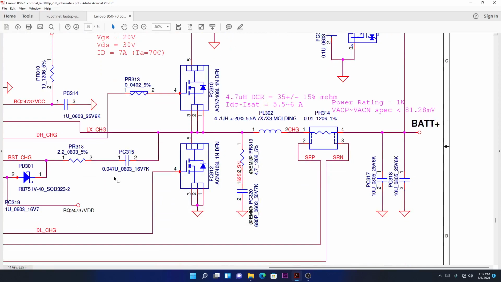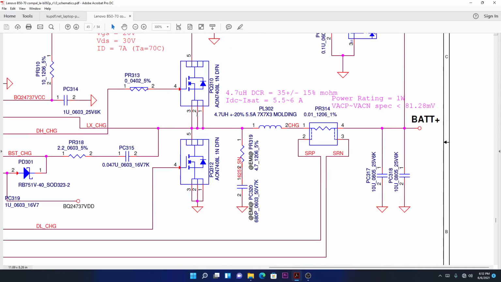Let me show you. There we go. We have an N channel MOSFET. There we go. Alpha and Omega 7408. 8 is an even number, so it means it's an N channel MOSFET. We need more power here, more current here. As you can see, 5.5 amps if I'm not mistaken, or even more.